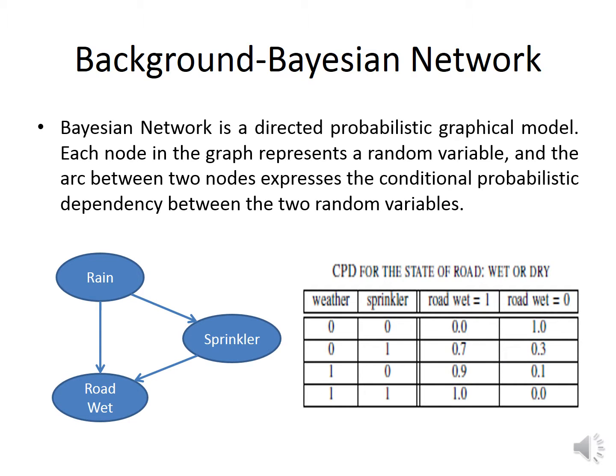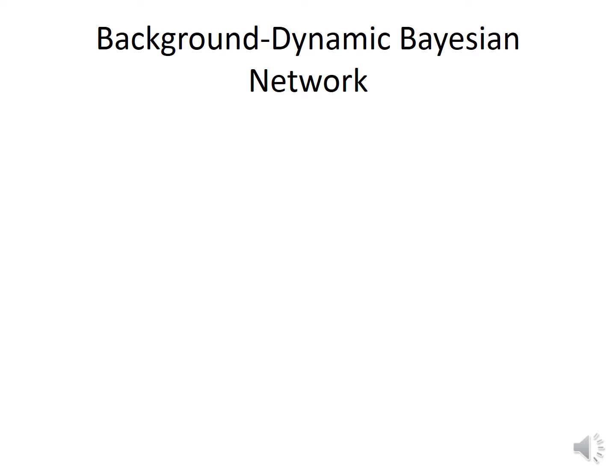And this is the probability distribution of each value of the different nodes. For example, when the weather is rain and the sprinkler is on, then the road wet probability is 100%. This can be denoted by this arrow. And for the other combinations, they are read from these arrows.